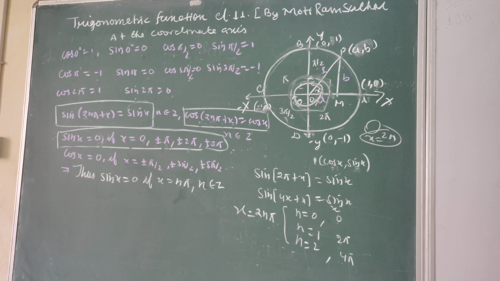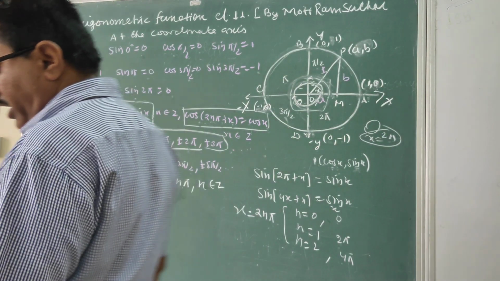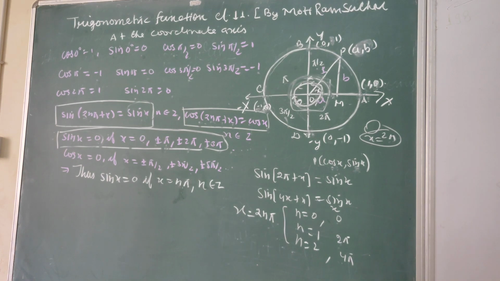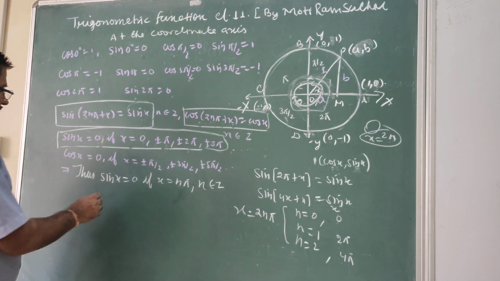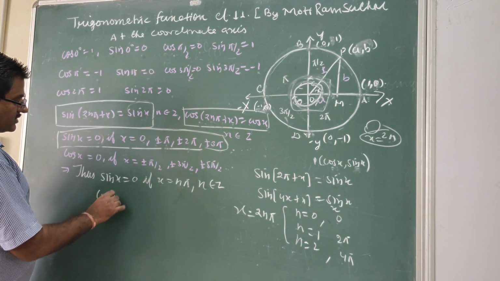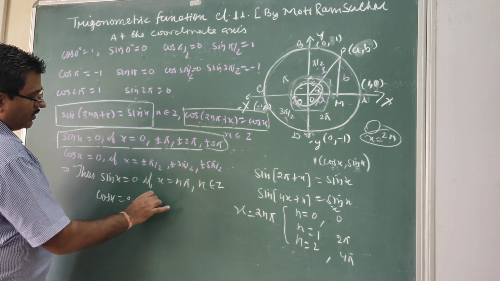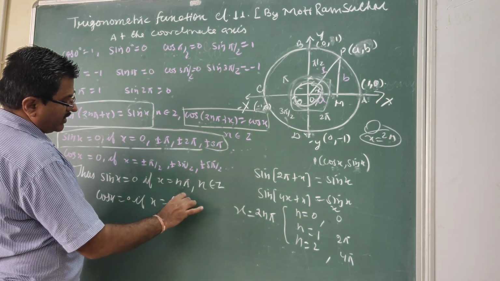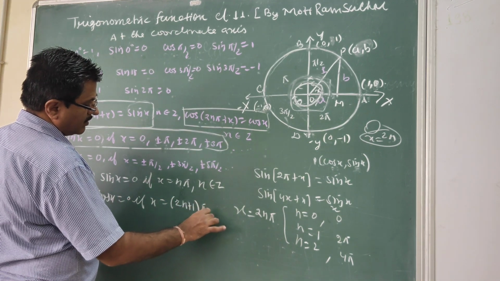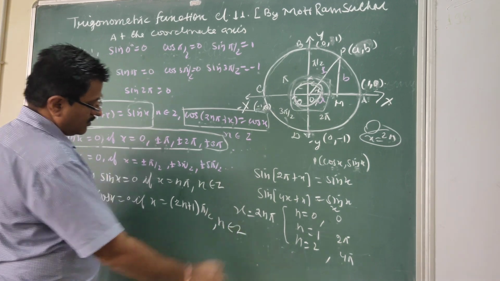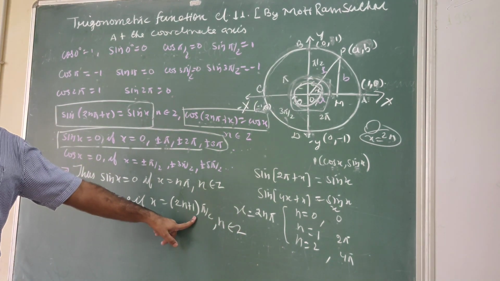Now in the case of cos, we have odd multiples of pi by 2. So that can be written as cos x equals 0 if x equals an odd number, which can be written as 2n plus 1. This is always an odd number.